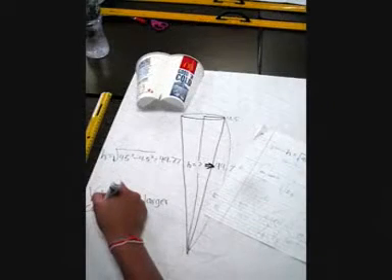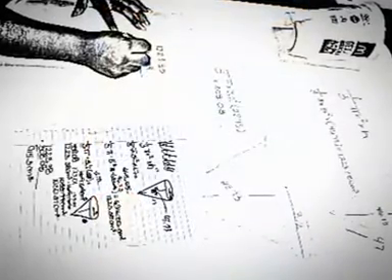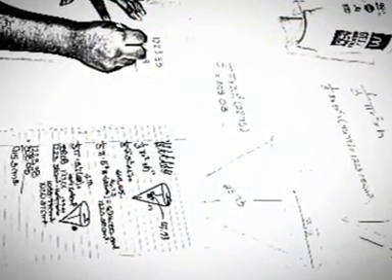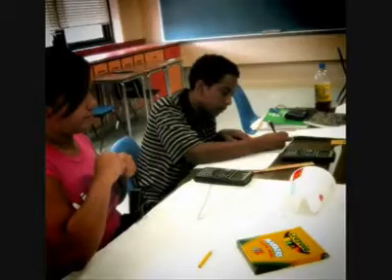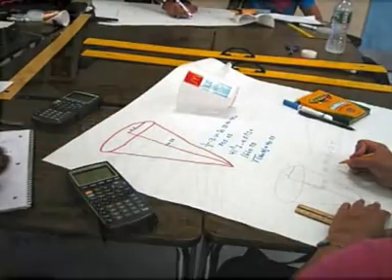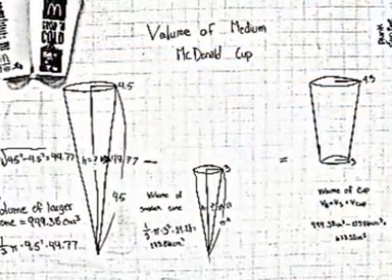They realized they could use the volume of a cone, which they had just learned. They found two volumes of cones, a bigger cone and a small cone. And once they subtracted, they could find the volume of a cup.